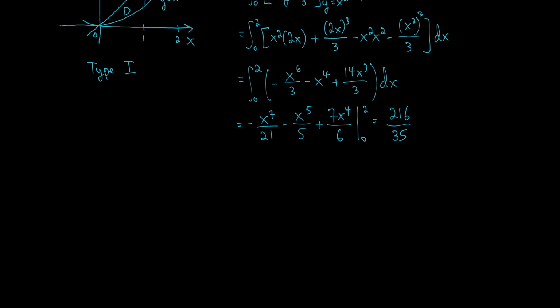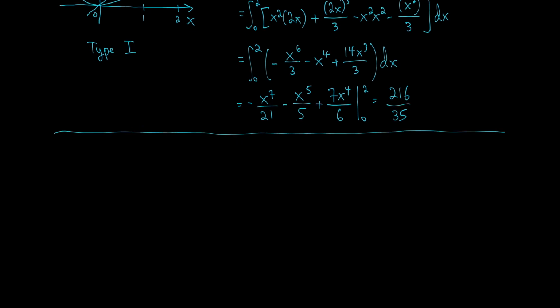So let's just take a look at this again. How about I redraw the region we're integrating over. So I put my parabola back, and I'll put my line back.